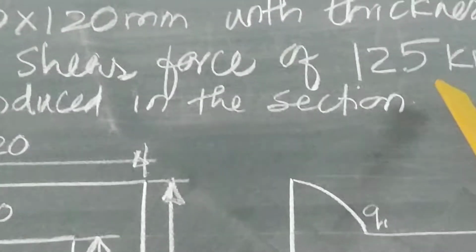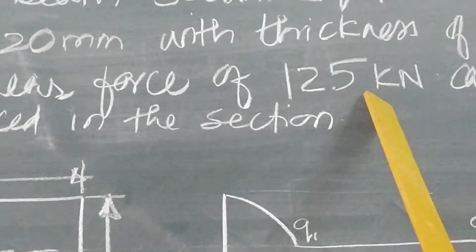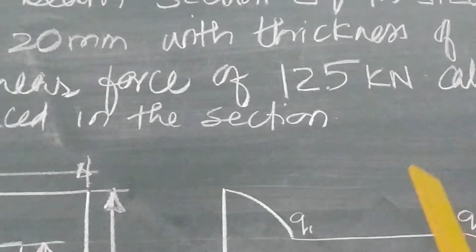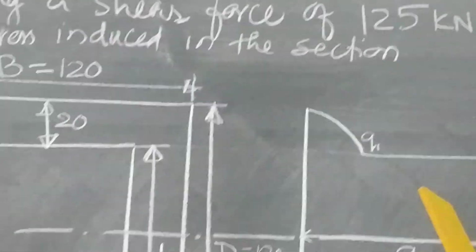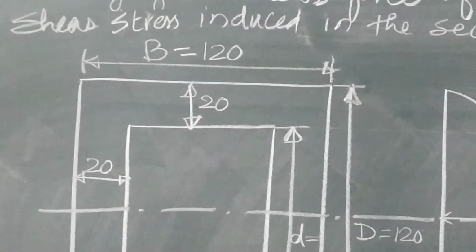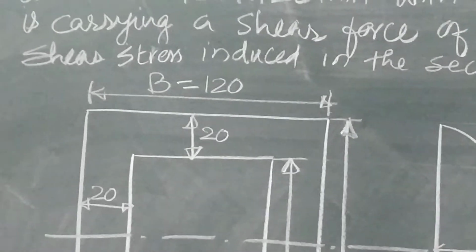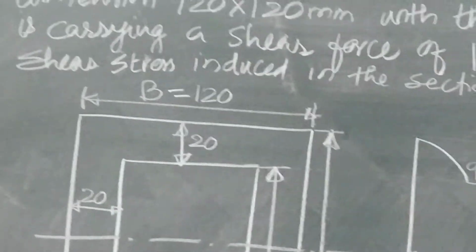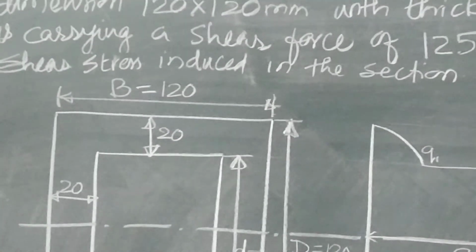Shear force S is given as 125 kilonewton, so it is 125 into 10 raised to 3. The rest of the things we have to calculate. So let us start with the solution. We know the basic formula, Q is equal to SA y bar upon IB.